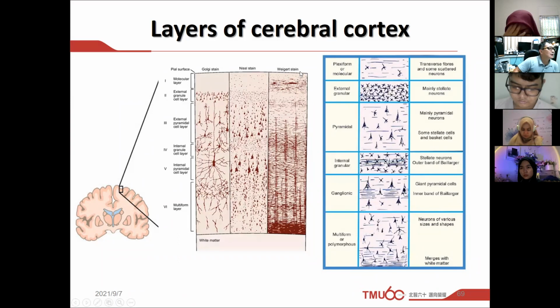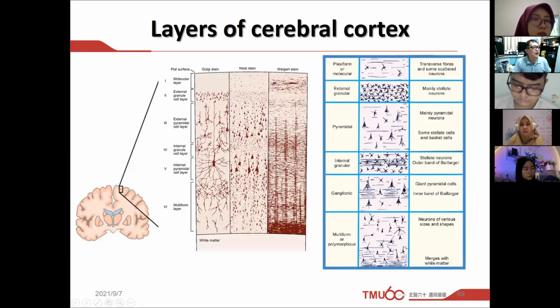A Weigert staining: you see where the stain is, you can see the pattern here, the first layer, the second layer, this pattern, right? And the third layer, this pattern. So you can see there are 6 different patterns. So we can define the 6 layers in the cortex under different staining methodologies.